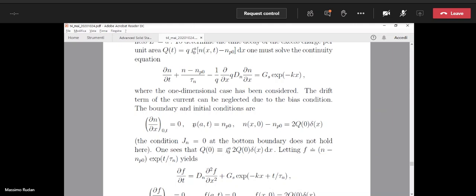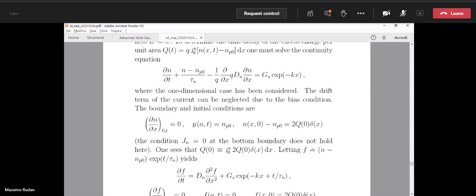Then we have the initial condition, because we have a differential equation in which we have the time derivative, okay? The initial condition is simplified in this way. We assume that at time t equal to 0, that is the time in which we are switching the gate voltage from the high value to the flat band value, the excess concentration of the electrons is a layer at the surface.